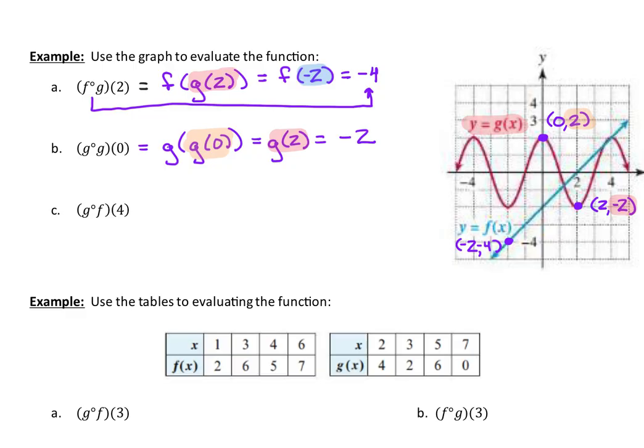All right, last one. We have g of f of 4. And so the first thing we want to do is on our f graph, on our blue graph, we want a point that has an x-coordinate of 4. And so here on my blue graph, I have the point 4, 2.